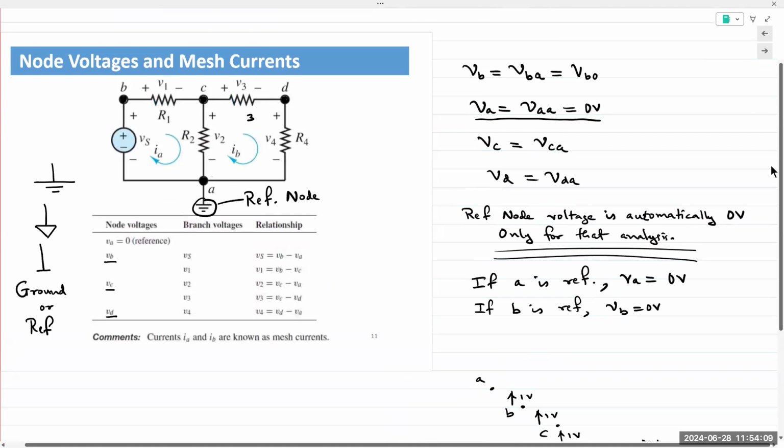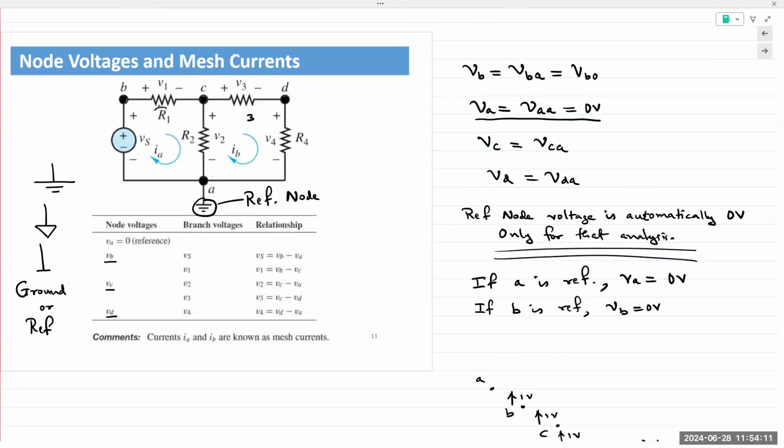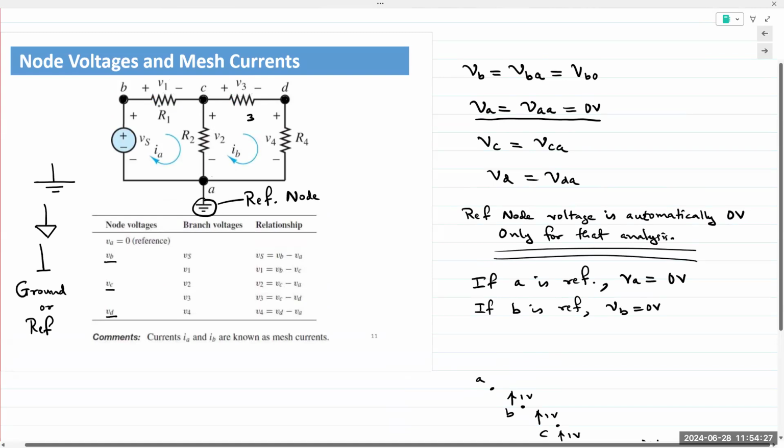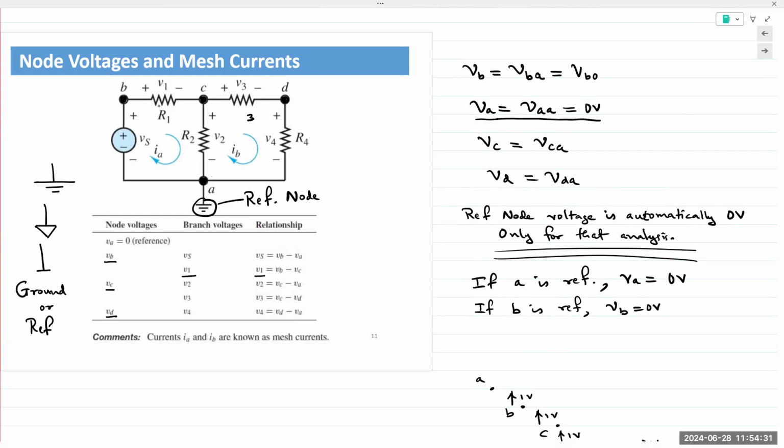The next step is we describe each resistor voltage in terms of the node voltages. So I can write V1, the voltage across R1.